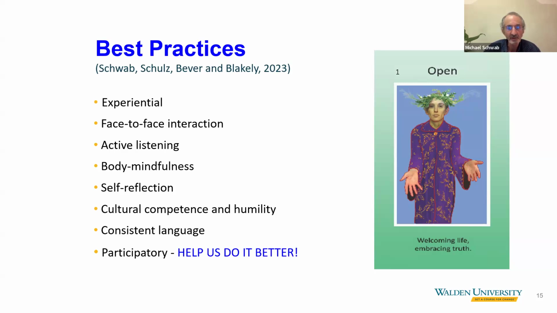Face-to-face interaction is regarded as essential, not surprisingly. It's difficult to actually practice emotional intelligence when you're just talking about it. So we need to look at each other and talk to each other. And we'll be doing plenty of that during this training. That will include listening, careful listening, active listening, body mindfulness.